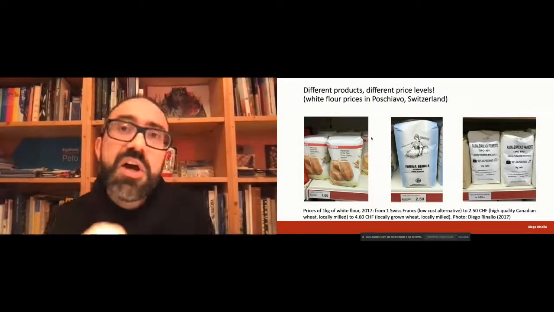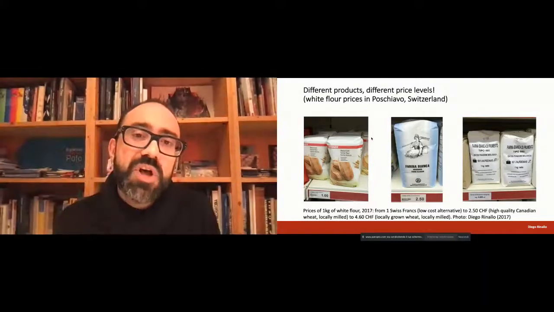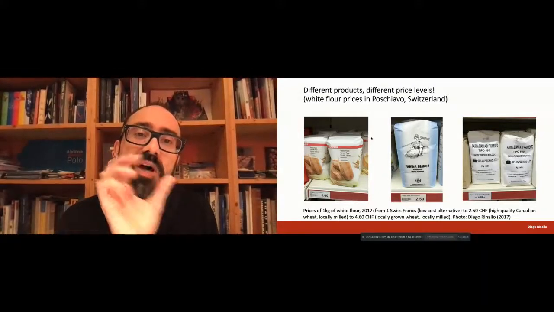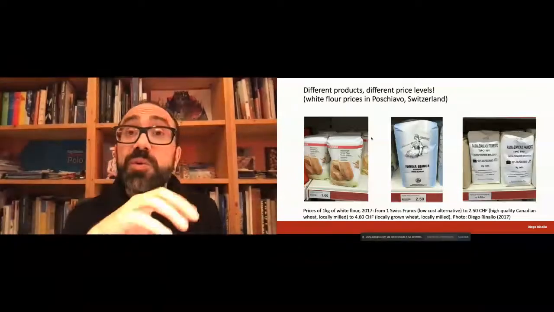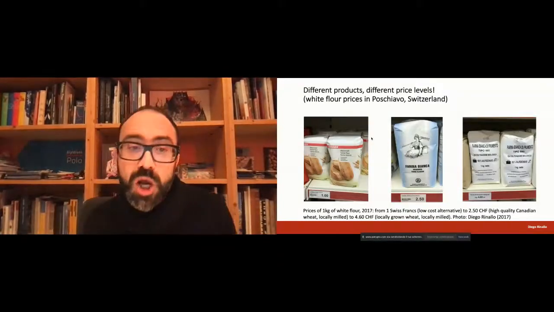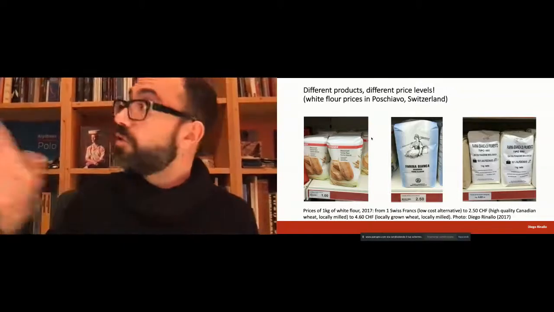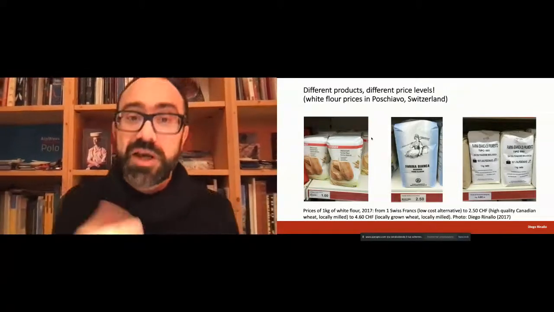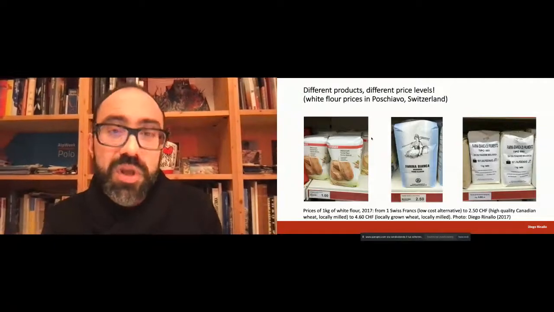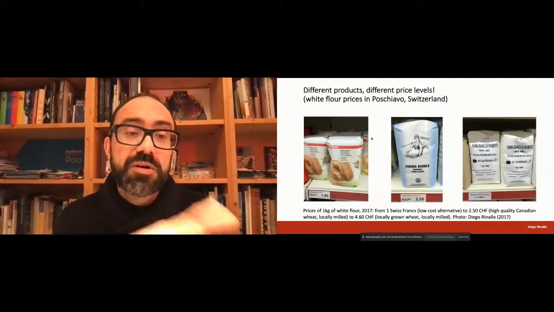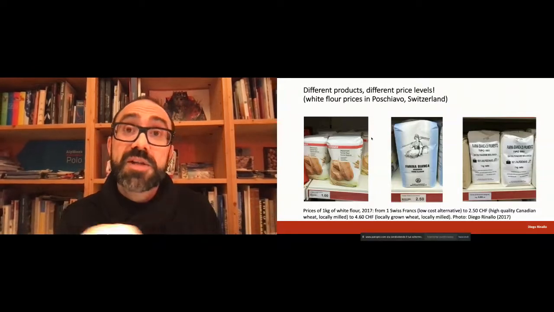And here you add something because the flour is coming from wheat of good quality, but is locally milled. So people know that it's made nearby, and they are willing to pay 1 franc 50 more with respect to the baseline product.